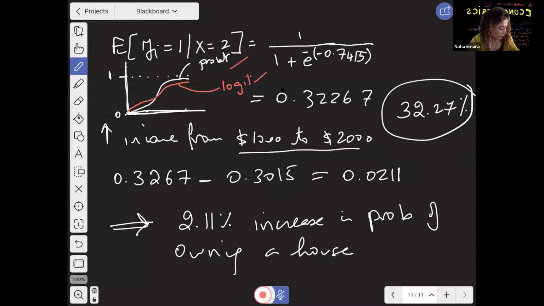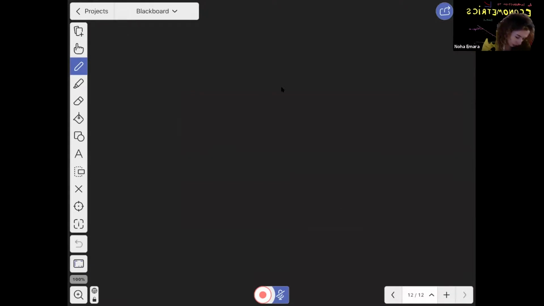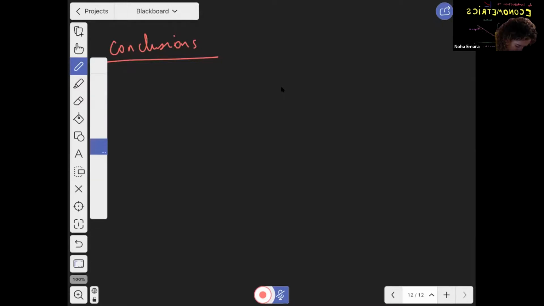So there are important things I want to mention about the 3 methodologies used. We have covered the linear probability model, the probit model, the Logit model, and the main conclusions, I would say. Let me write with the white. So the main conclusions. Number 1, I already mentioned that.